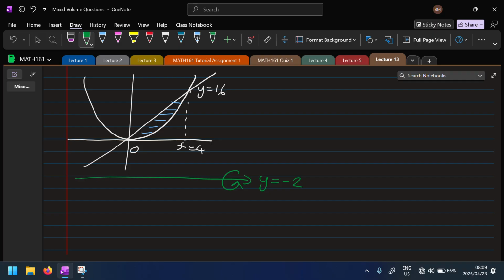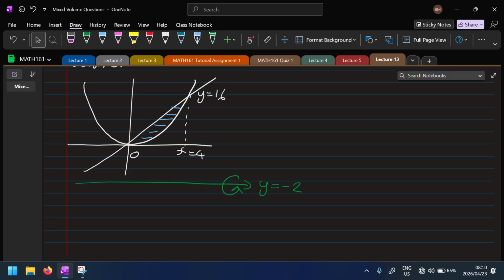Okay, so let's see what this looks like in 3D, and then we're going to see what the cross-section is to determine the method. We've got this gap here between our graph and this line, so there's going to be a little gap in our solid, this bit at the bottom here. That straight line, y equals 4x, when we rotate that around, will be like a cone kind of shape, and it's going to have some hollow parts from that bit underneath.